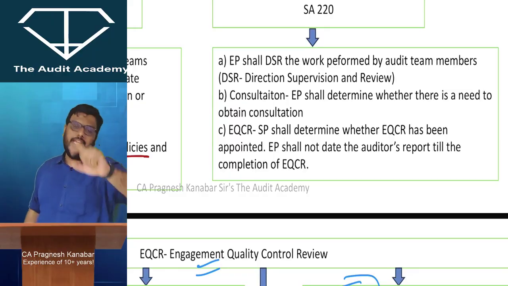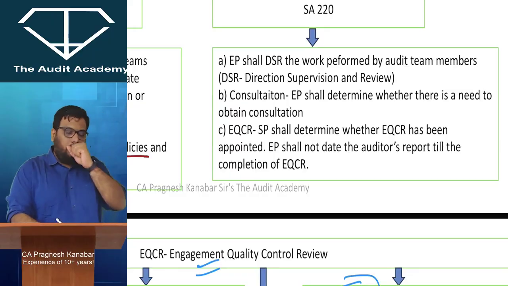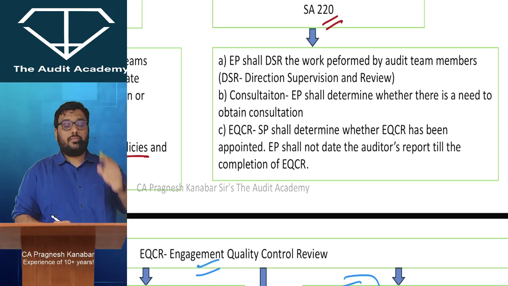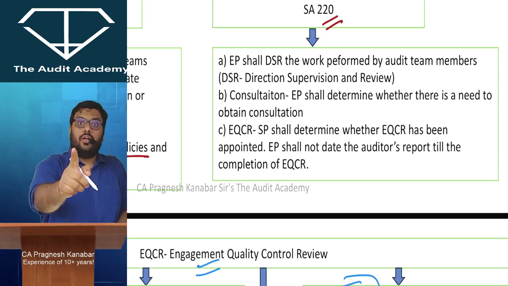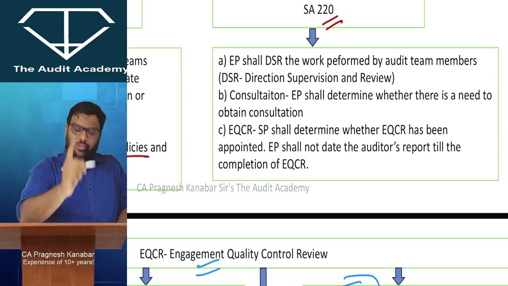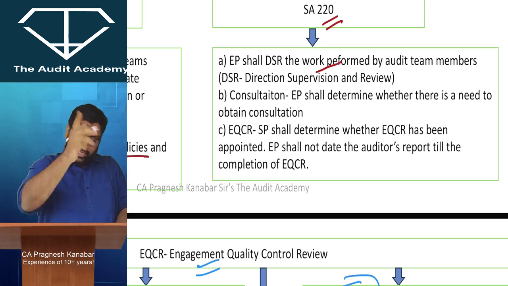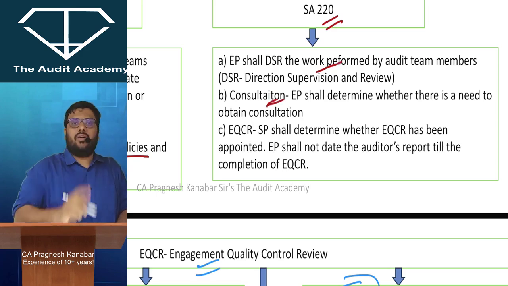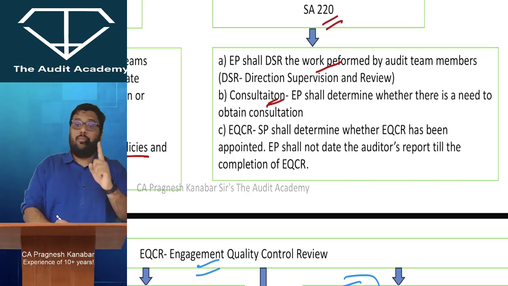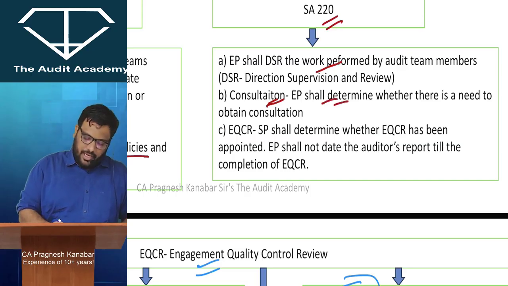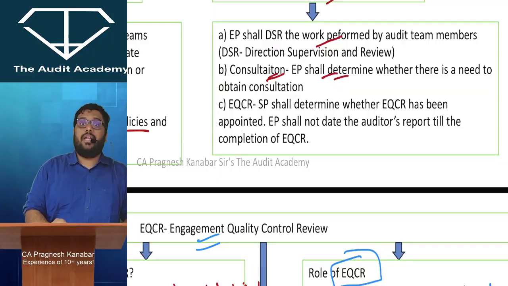You, engagement partner, as per SA 220. First of all, you should do enough DSR of your team, direction, supervision and review of your team. Second, if your team is worried about certain matters, then you should give them proper consultation. The engagement partner shall determine whether there is a need to obtain consultation.